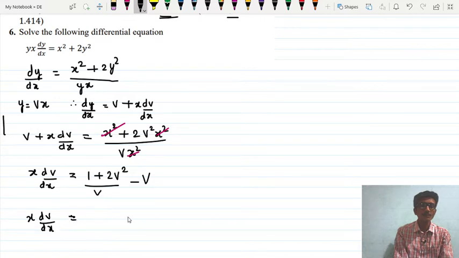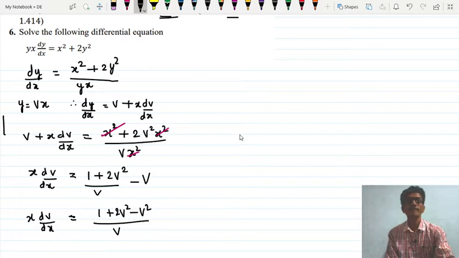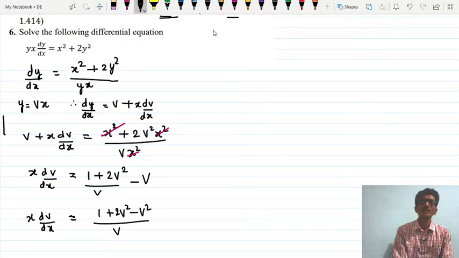So this x dv by dx is equal to, LCM is v, (1 plus 2v square minus v square) upon v, then x dv by dx is equal to (1 plus v square) upon v, right?